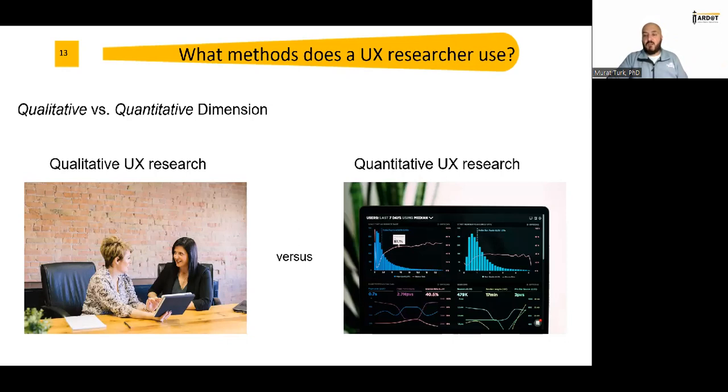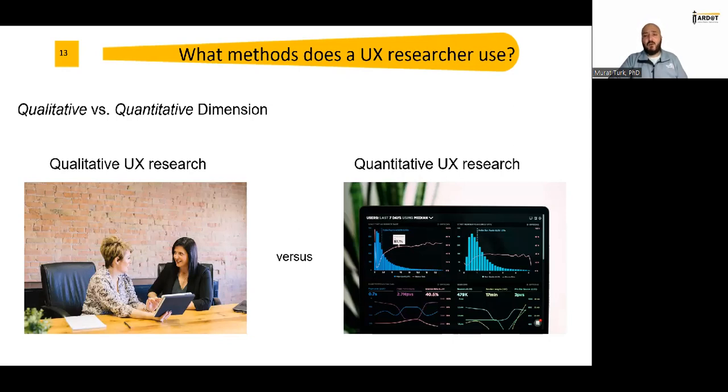And some common qualitative UX research methods are qualitative usability testing, user interviews, stakeholder interviews, field studies. These are some of the most common qualitative UX research methods that UX researchers use.